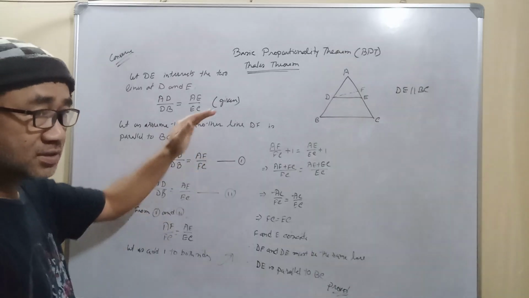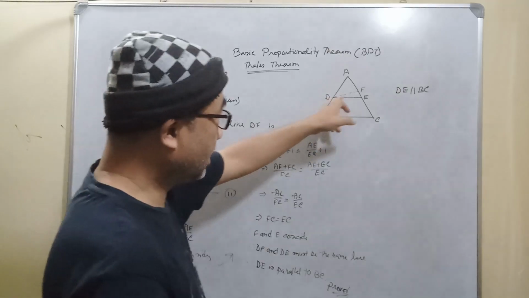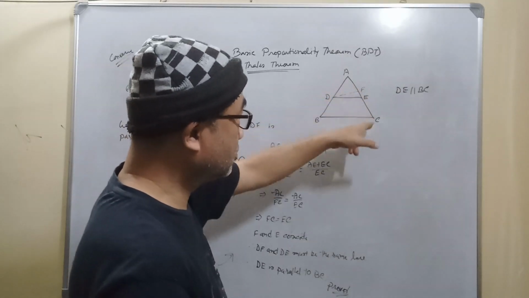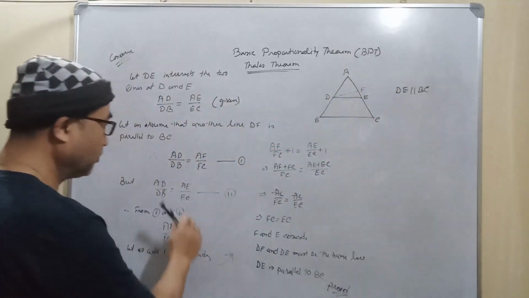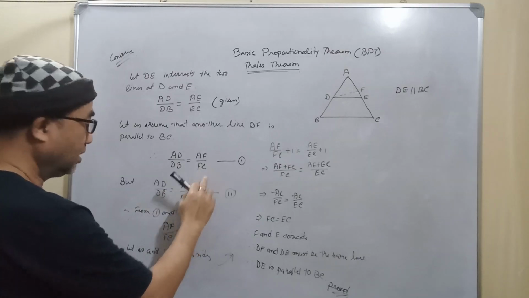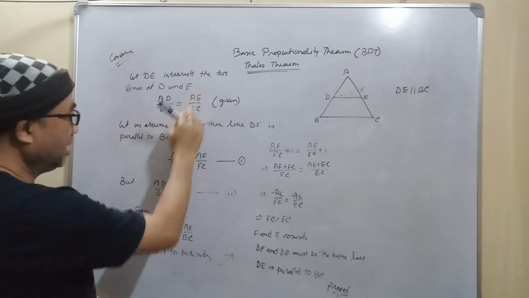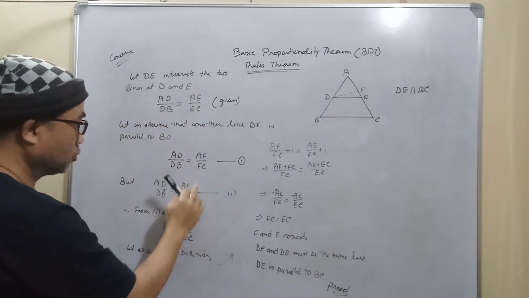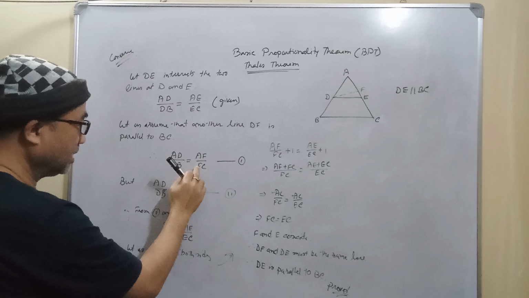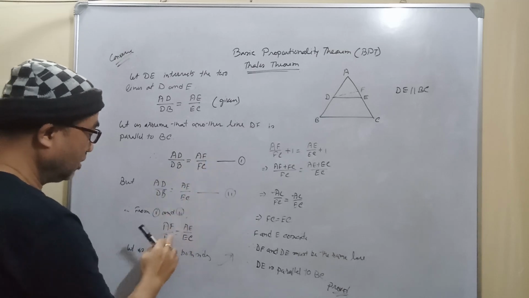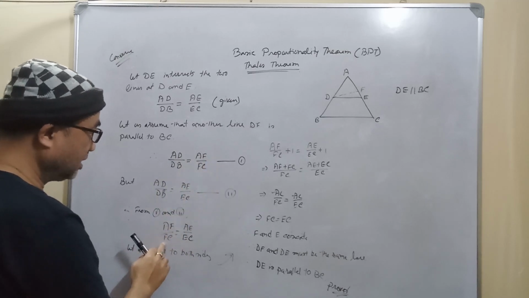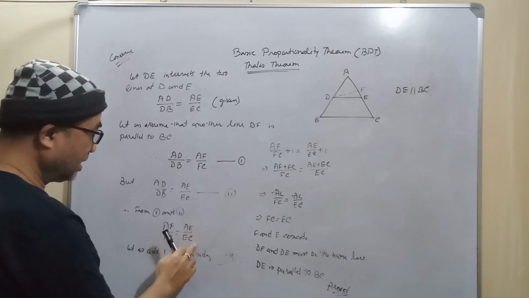Why? Because if this is the parallel line, it will divide these two lines in the same ratio. But we already have AD by DB is AE by EC, it is given. So we compare these two, and we get AF by FC equal to AE by EC.